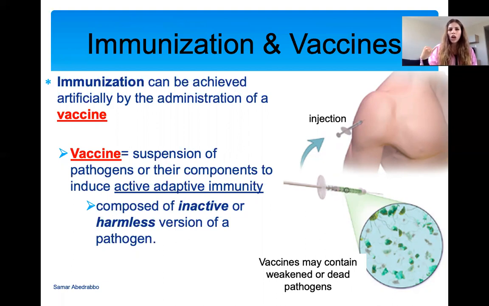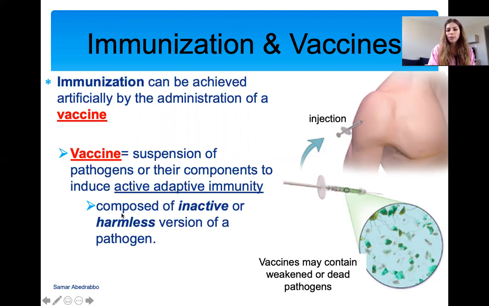Some vaccines are nasal, some vaccines are given orally. Anyway, whatever that component is, whether orally or injected, it's a suspension of the pathogen or components of that pathogen. And when the person takes it, it induces active adaptive immunity, making the person have an immune system to that pathogen if they ever are exposed to it.